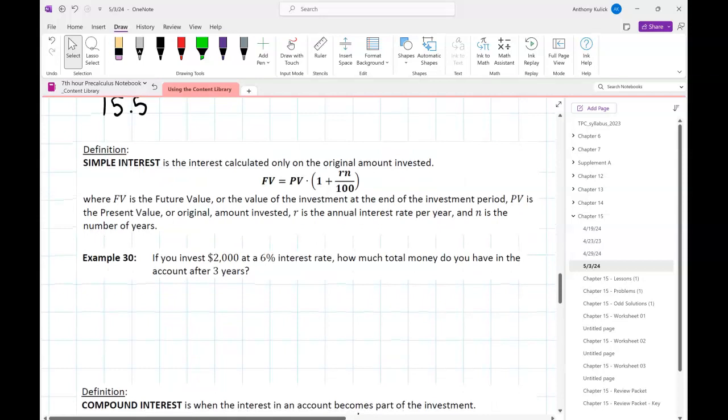So, if you invest $2,000 at a 6% interest rate, how much money do you have in the account after 3 years? So, $2,000 is our present value. 6% is our interest rate. How much total money? That's the FV. And the 3 years is our N.